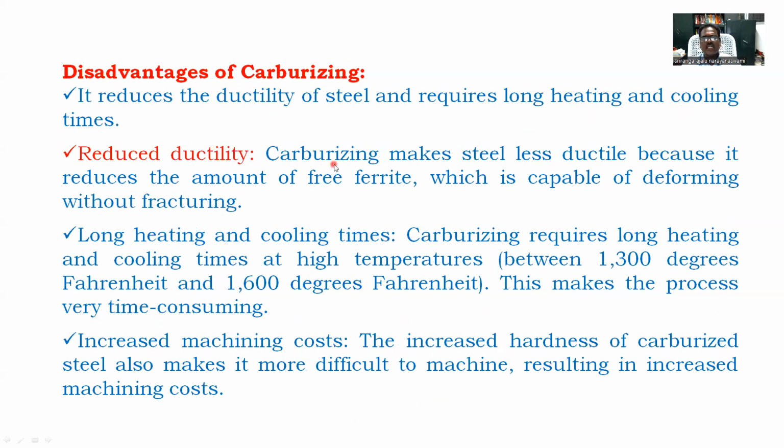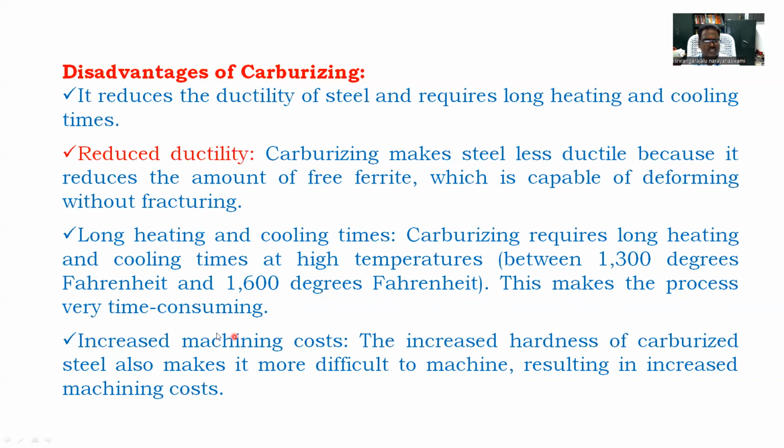Reduced ductility. Carburizing makes steel less ductile because it reduces the amount of free ferrite, which is capable of deforming without fracturing. Long heating and cooling times. Carburizing requires long heating and cooling times at high temperatures between 1300 degrees Fahrenheit and 1600 degrees Fahrenheit.